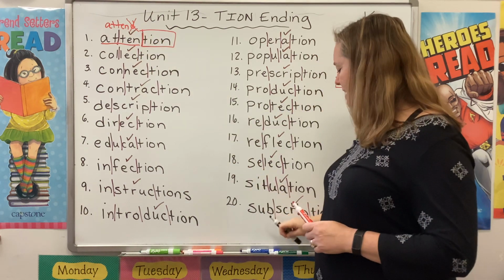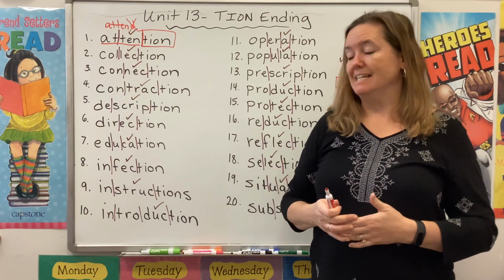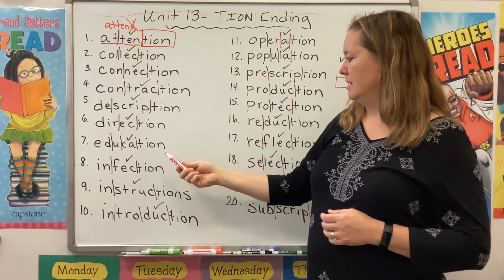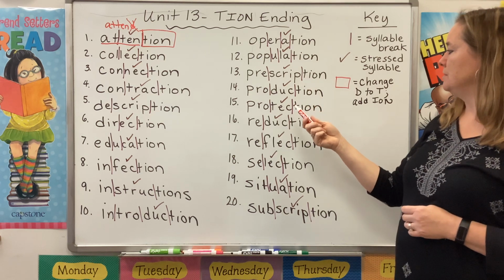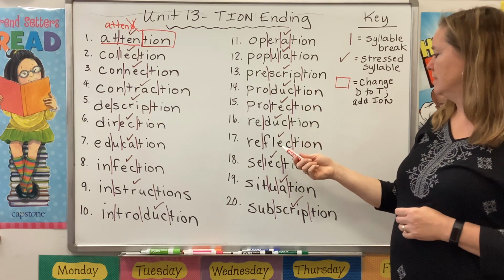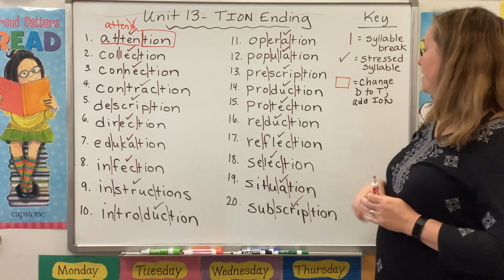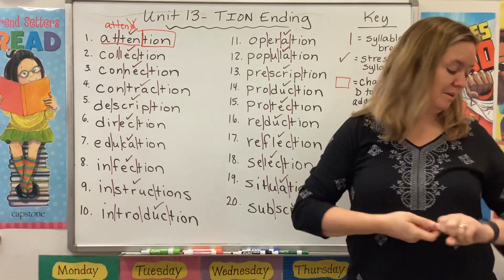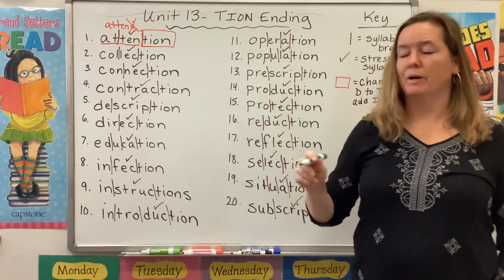Let's see if we can find any other verbs that end with a D, like attention. No, I don't see any. So that's the only one this week that's going to follow that rule. That's okay. Let's move on to the next one.